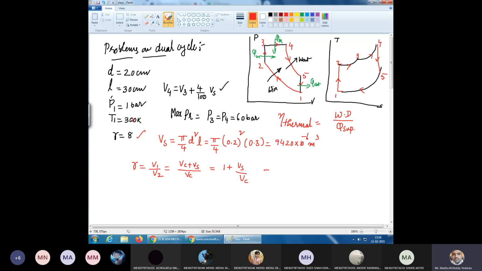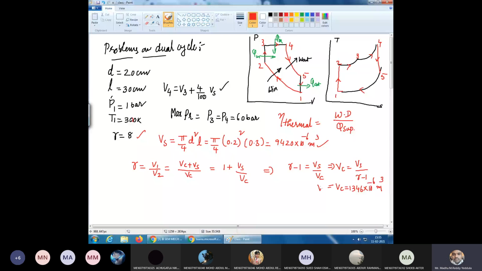R minus 1 is equal to Vs by Vc, so Vc is equal to Vs by R minus 1. This value you will get as 1346 into 10 power minus 6 meter cube.